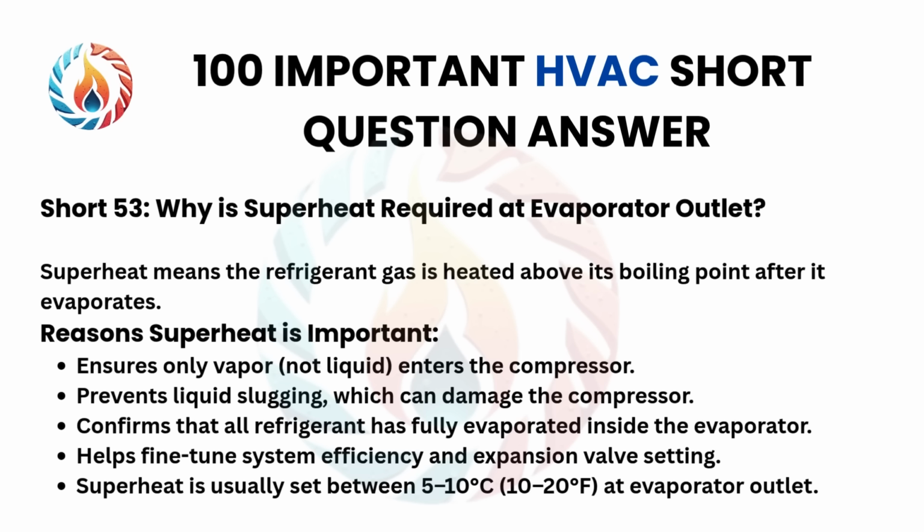Prevents liquid slugging, which can damage the compressor. Confirms that all refrigerant has fully evaporated inside the evaporator. Helps fine-tune system efficiency and expansion valve setting. Superheat is usually set between 5 to 10 degrees Celsius, 10 to 20 degrees Fahrenheit at evaporator outlet.